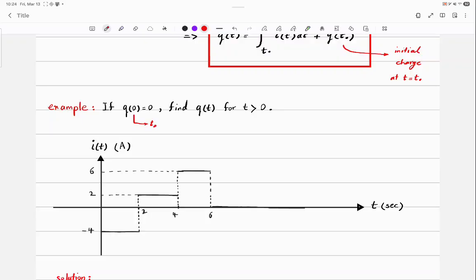What is -4t? It's the formula for the area from 0 seconds to t seconds, right? Not 2 seconds, t seconds. So that's the equation of charge between 0 and 2. How about -8? That's the final point of the interval.